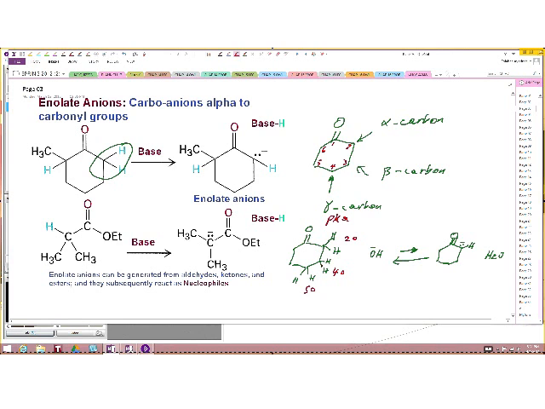So therefore, we will say the alpha hydrogens are the most acidic. And why are they the most acidic?